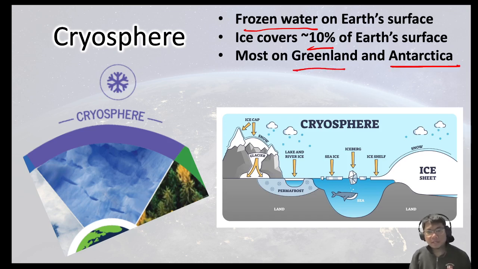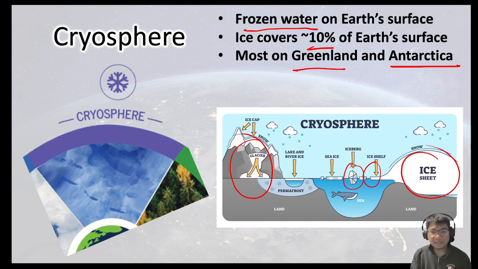So here are the things that are considered parts of the cryosphere, such as the ice sheets, or glaciers, ice that is preserved on land, or we also have icebergs, ice shelves, sea ice, or some frozen water in the lake or river ice.